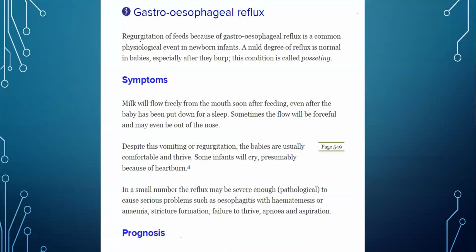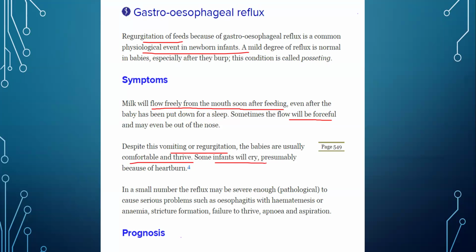So gastroesophageal reflux is regurgitation of food because of reflux, a common physiological event in newborns. Milk will flow freely from the mouth soon after feeding. Sometimes it can be forceful, but that doesn't mean anything. Despite the vomiting or regurgitation, the babies are usually comfortable and thrive.